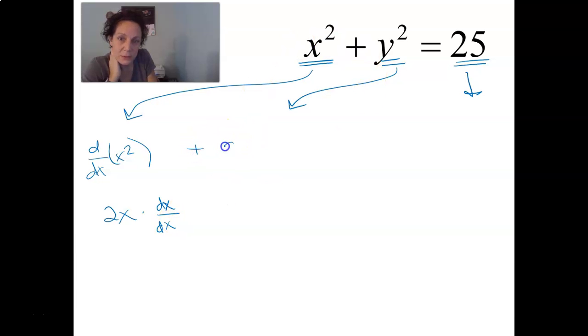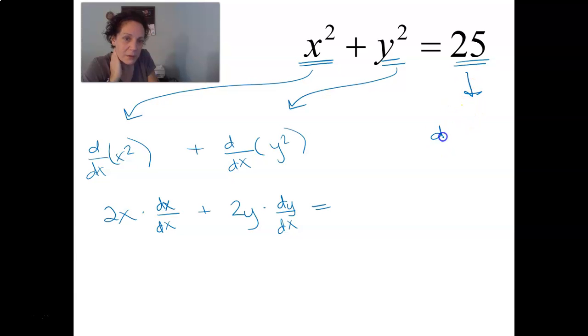Then I'm going to take the derivative of my y term with respect to x. So here it goes. Derivative of y squared is 2y. And I note that I took the derivative of a y thing with respect to x, so dy dx.